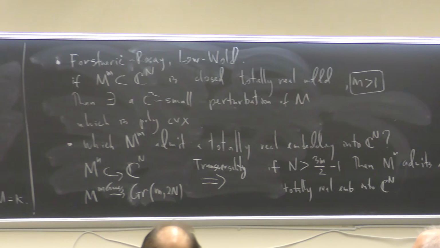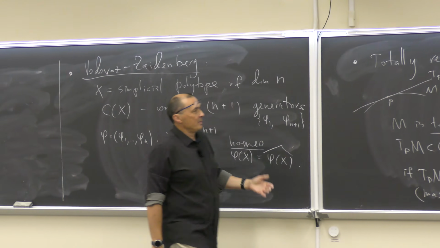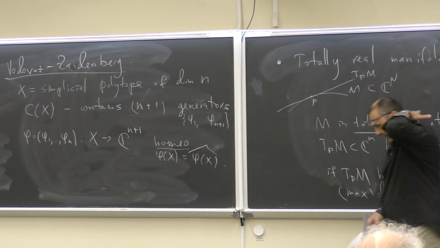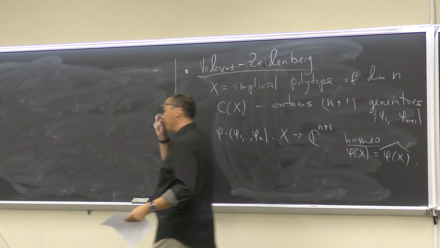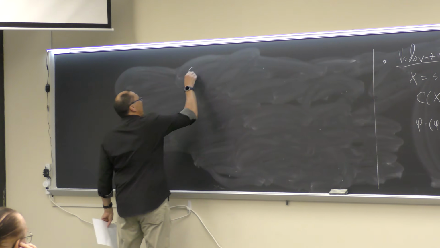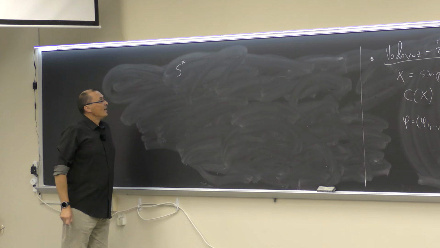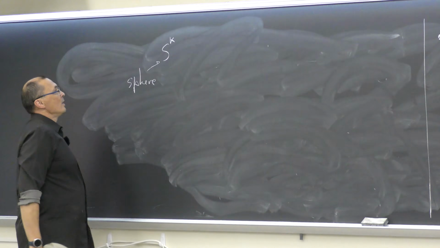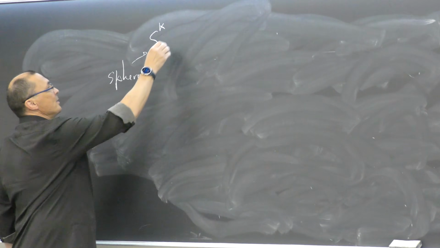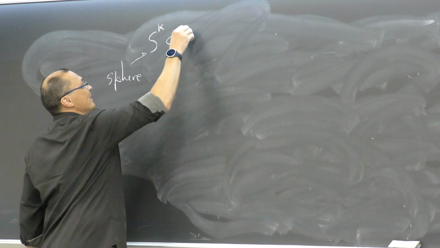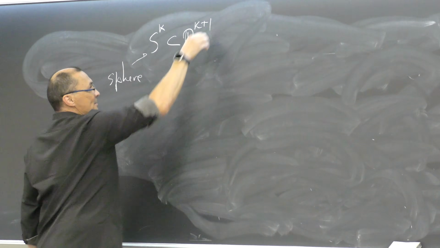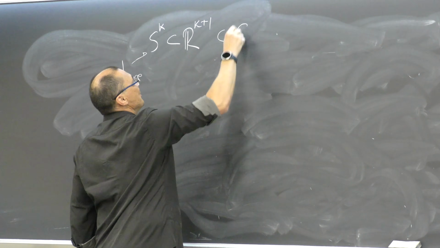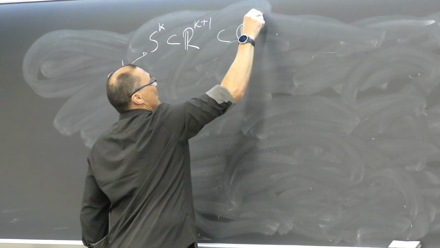So this is a general inequality that works for all m-dimensional manifolds, but if you look at specific ones, let's say a sphere, Sk, then this naturally sits inside Rk plus 1, and you can embed it into, therefore, Ck plus 1.